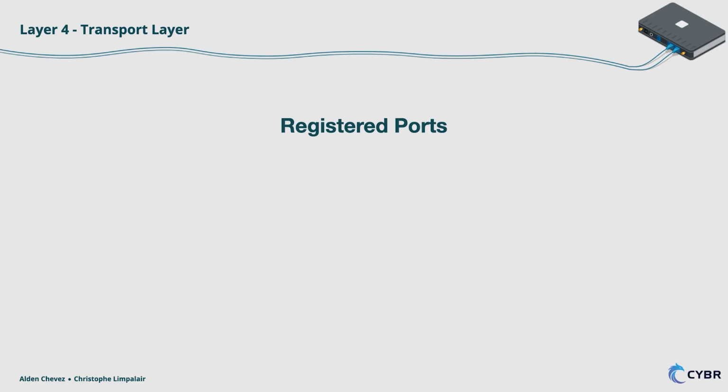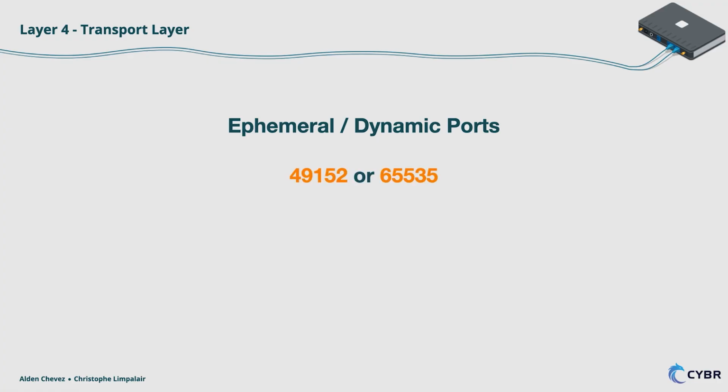Then, ports 1024 to 49151 are known as registered ports, and they're also assigned by IANA, and these ports are used by vendors for their own server applications. The rest of the ports range from 49152 to 65535 and are commonly used by clients.